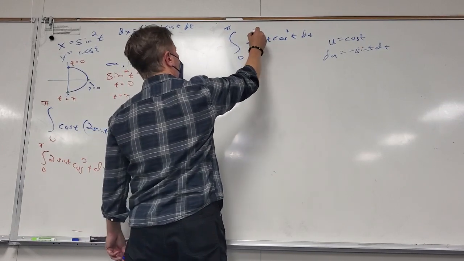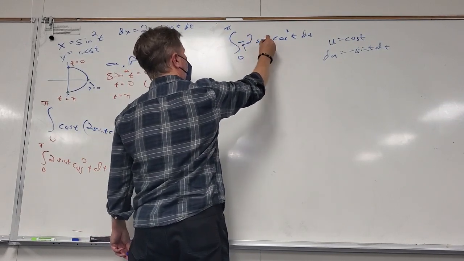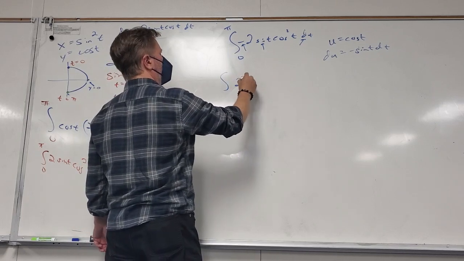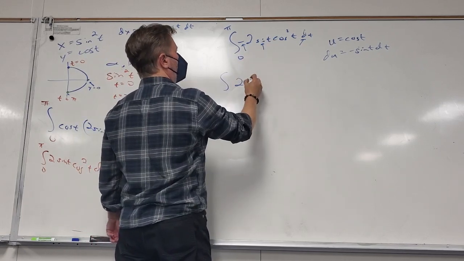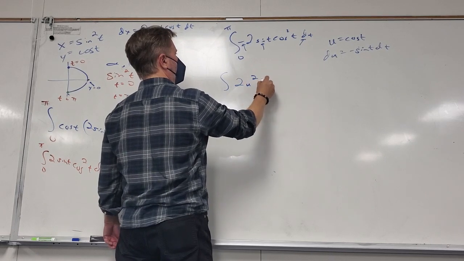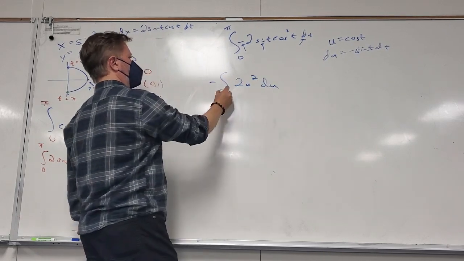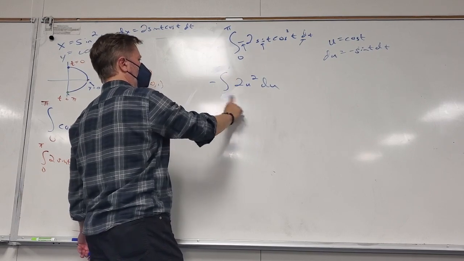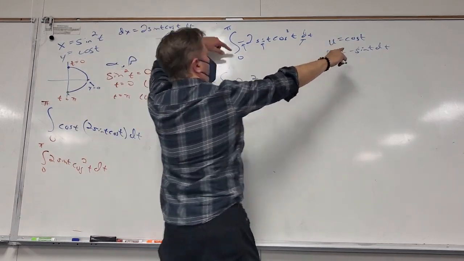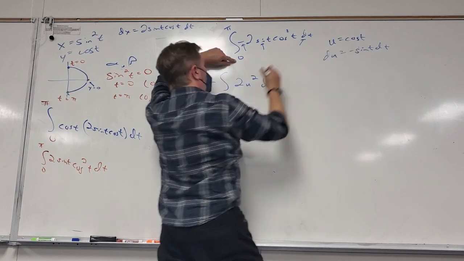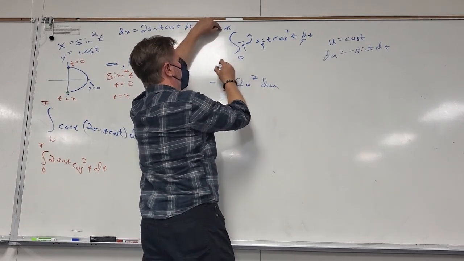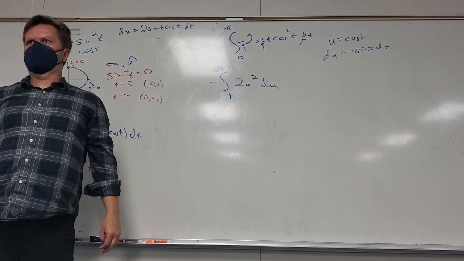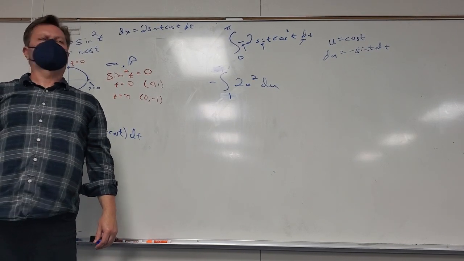So put in a negative, and this and this make du. 2, and u is cosine, in parentheses. Oh, Jeff, just go ahead and change them. If t is 0, I get u as 1. If t is pi, I get u as negative 1. Is that cool? Okay.